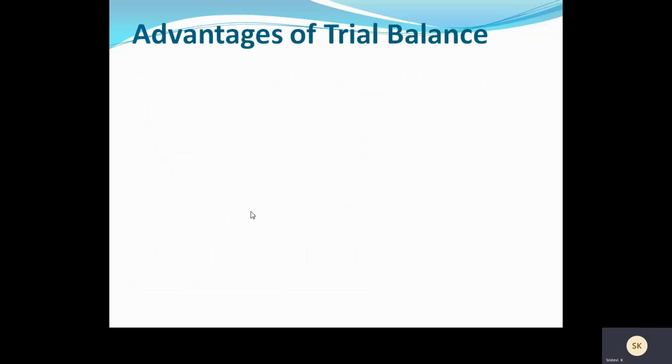So let us see what are the advantages of trial balance. This is beneficial to the accountants. One advantage is that arithmetical accuracy can be identified here.